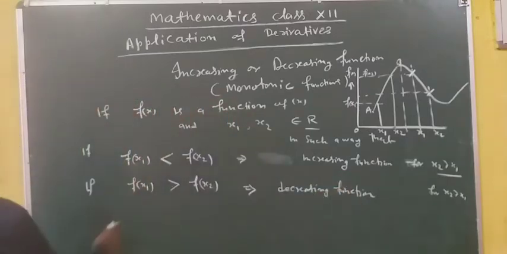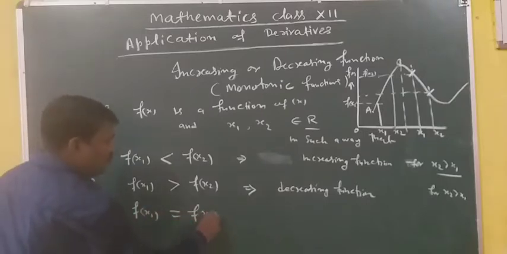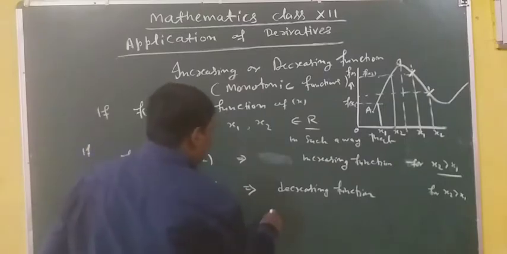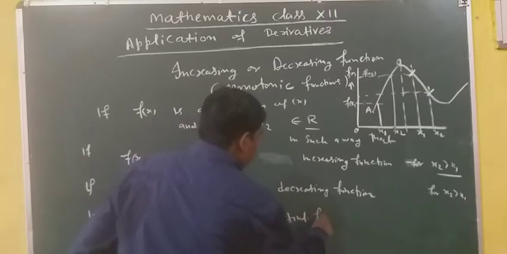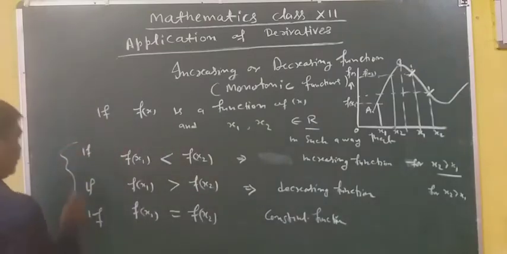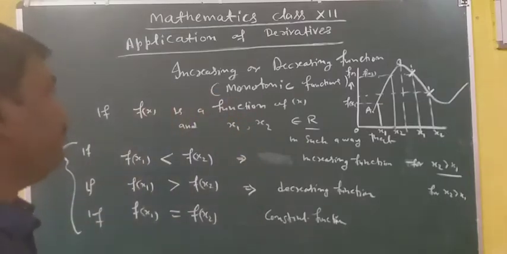And if f(x1) is equal to f(x2), it is a constant function, which means neither increasing nor decreasing. These are the conditions you need to know for increasing and decreasing functions.